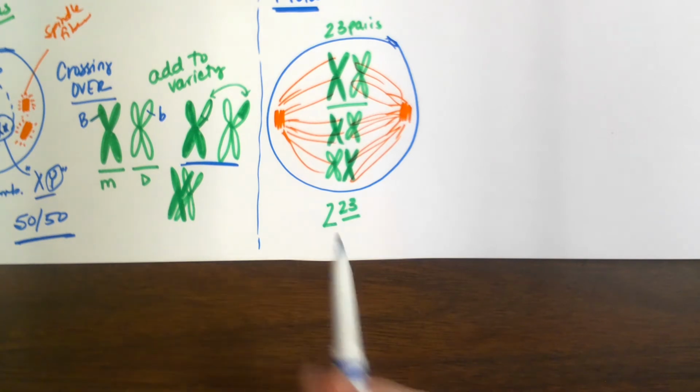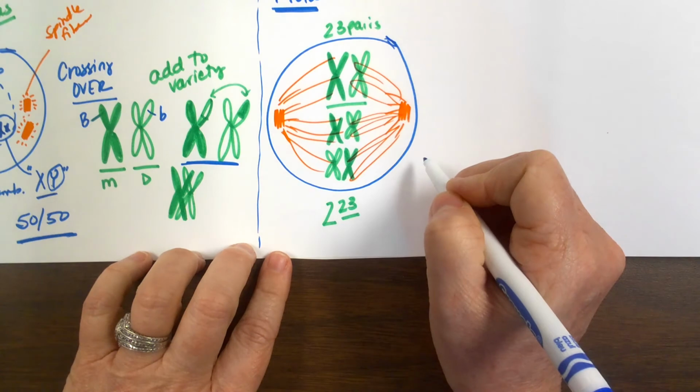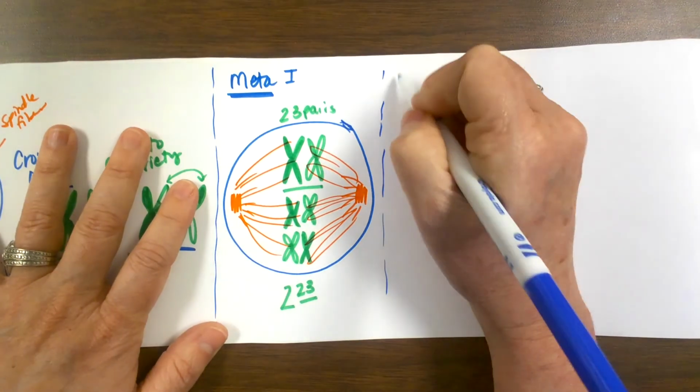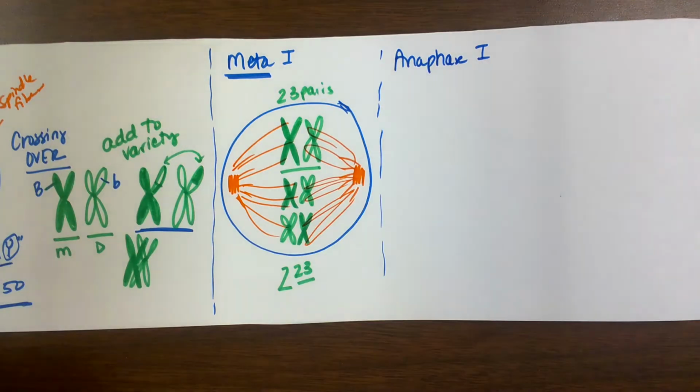So we get to that 23rd pair, and you get this one and you get that one, okay? So that division phase is anaphase. We're going to call it anaphase 1.